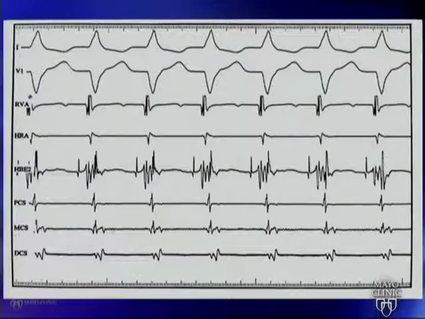It's simple. It's actually simpler than reading EKGs, much simpler. But you look at this, you see EKG, then you see a V for every QRS, but look, there's an A for every QRS also. V and A together, and there's a His bundle out in front. So every V has an A, but the V and A are simultaneous.